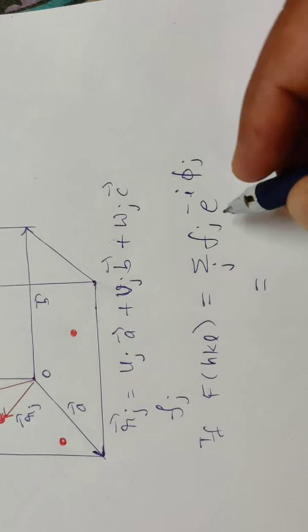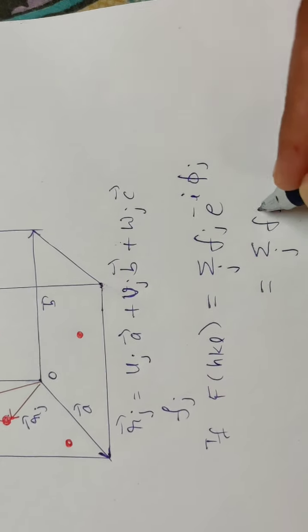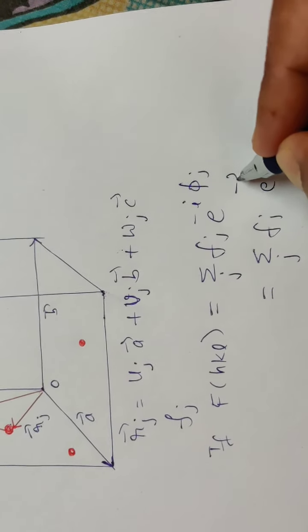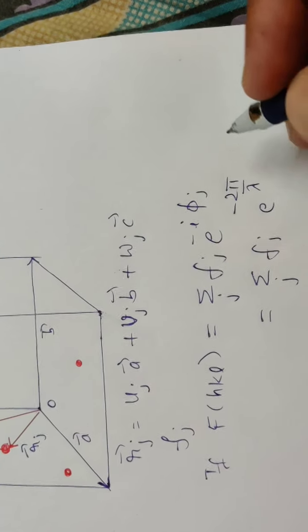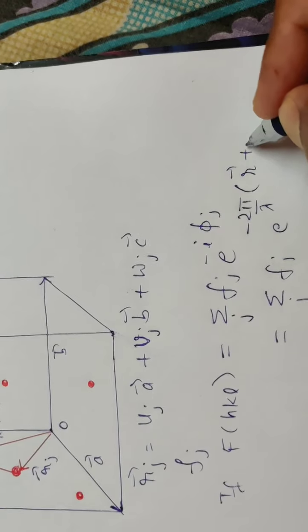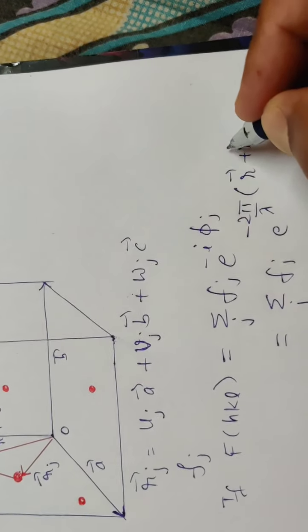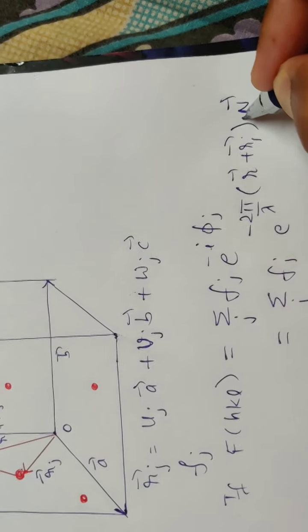The phase difference gives summation over j of fj e raised to the power minus 2 pi i over lambda times the path difference, r plus rj dot n.